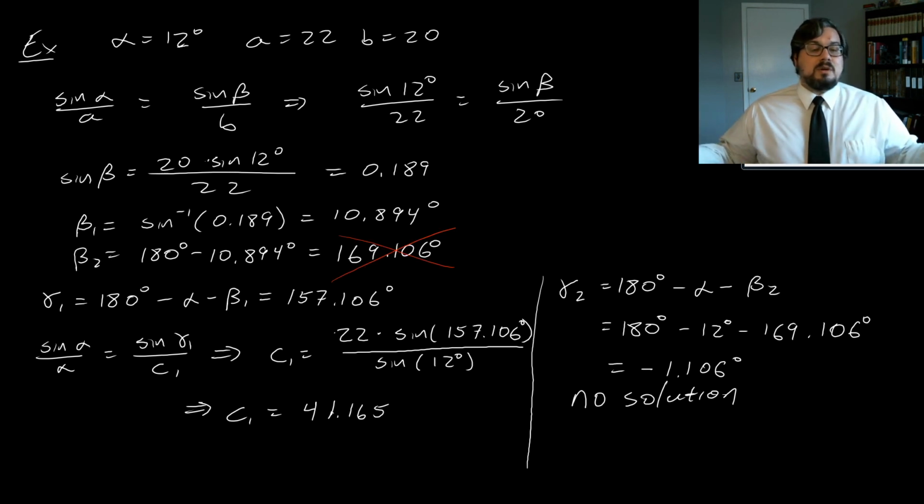Now, this wasn't totally obvious when we first computed them, but as soon as we got to the gamma 2, we saw that it wound up being negative, which means that we don't actually have a solution to the triangle. So these are the 4 possibilities that we can run into when working with a side-side angle situation.